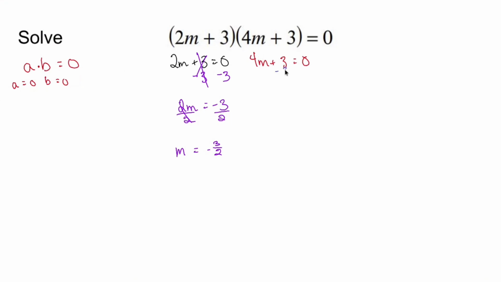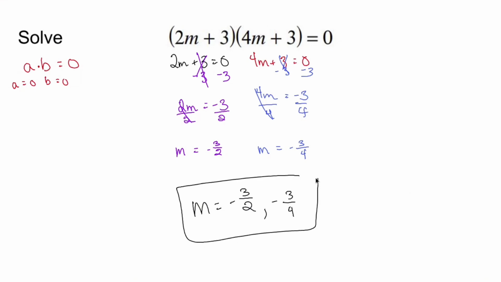We've got minus 3, cross you out, drop down to 4m equals negative 3, divide by 4, cross you out, and m equals negative 3 over 4. So I have two answers, and my two answers are m equals negative 3 over 2 and negative 3 over 4. Zero product property, fun stuff.